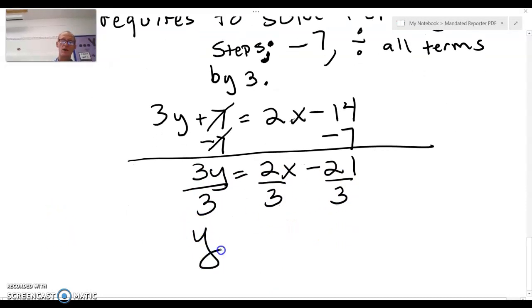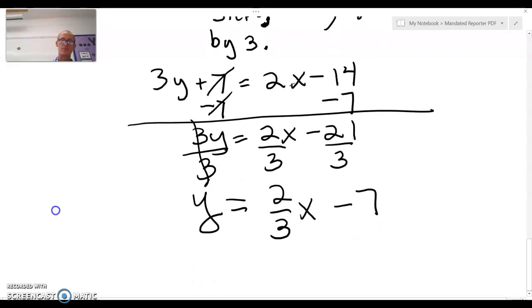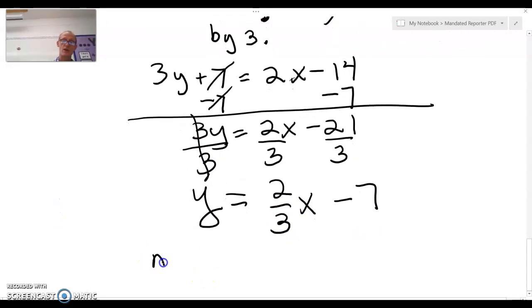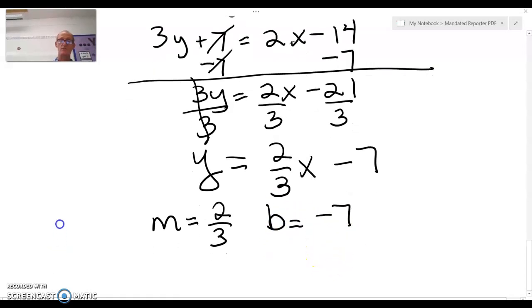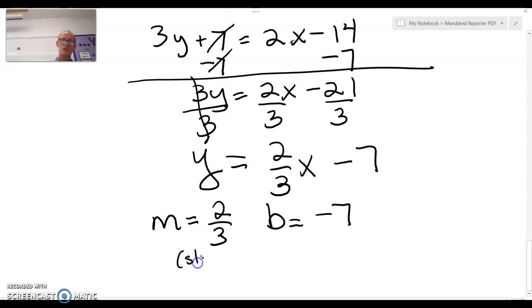And I get y equals 2/3 x minus 7. So m equals the slope, which is 2/3, and b equals the y-intercept, which is -7.